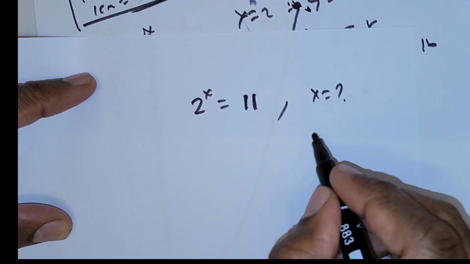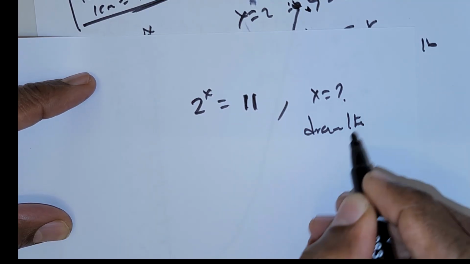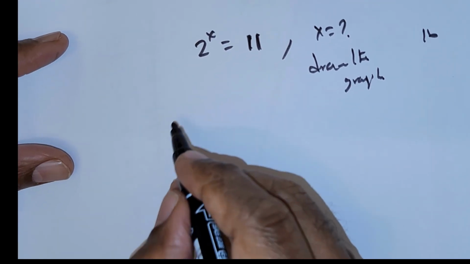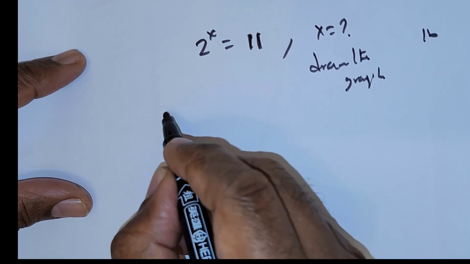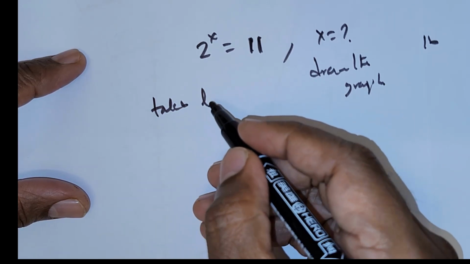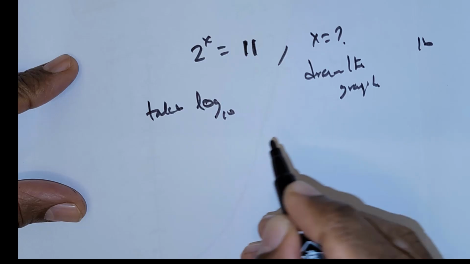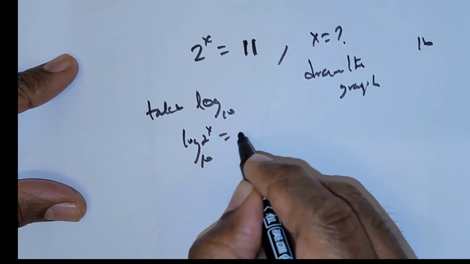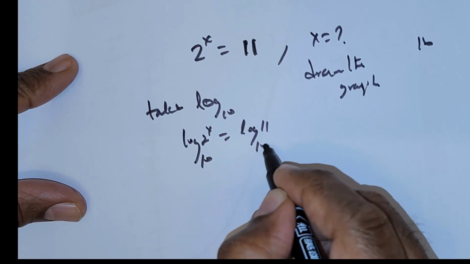Find the value of x and draw the graph. Okay, now what I wish to do is I will take log both sides, log to the base 10 both sides. So it's going to be log 2 raised to the power of x to the base 10 is equal to log 11 to the base 10.